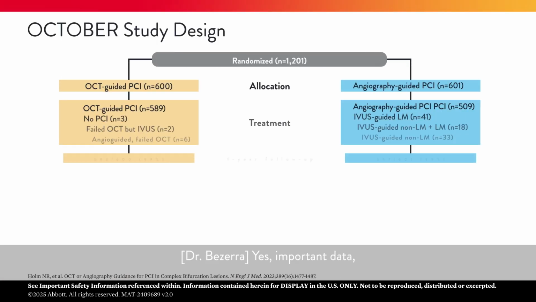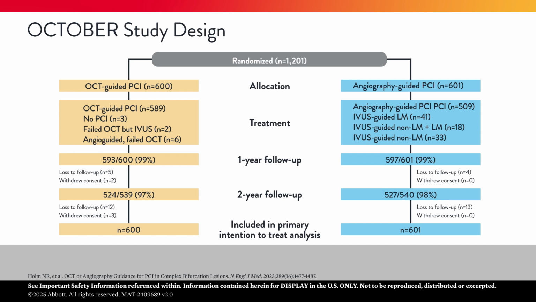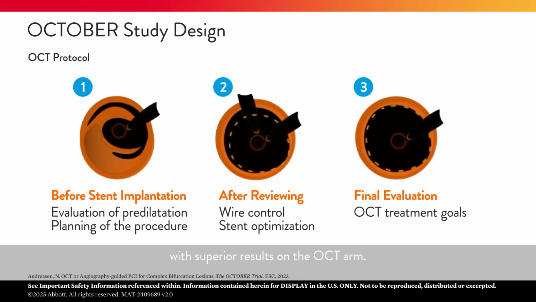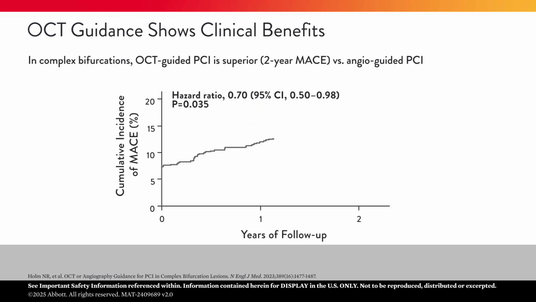Yes, important data, a randomized trial comparing OCT versus angio-guided bifurcation with a superior result in the OCT arm, mainly driven by TLR, but also favoring OCT on some hard endpoints like stent thrombosis.